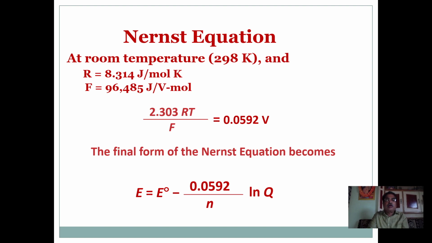Therefore 2.303 RT divided by F becomes 0.0592 volt. The final form of the Nernst equation becomes E is equal to E0 minus 0.0592 divided by n log of Q.